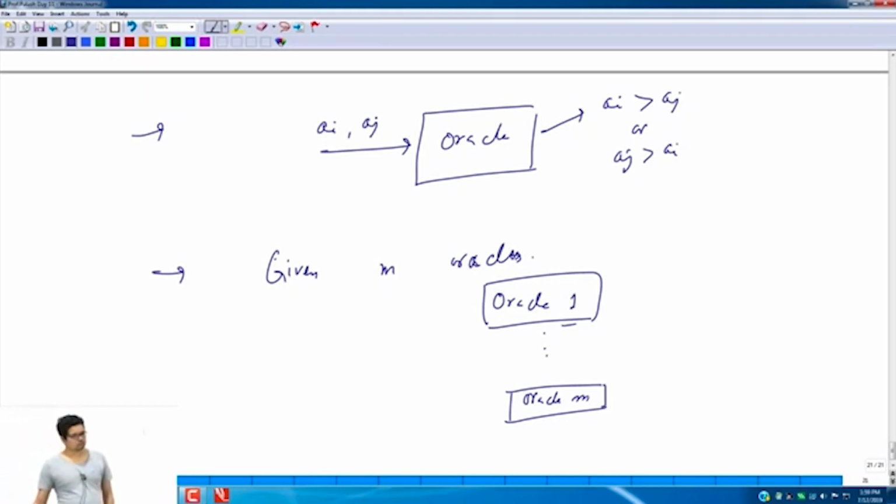And I want to know the inherent ordering of oracle 1, the inherent ordering of oracle 2, and the inherent ordering of oracle m.